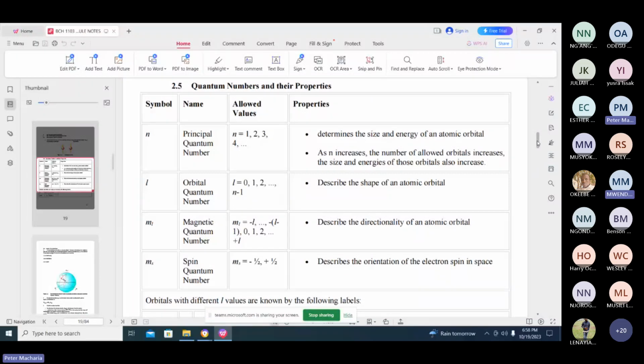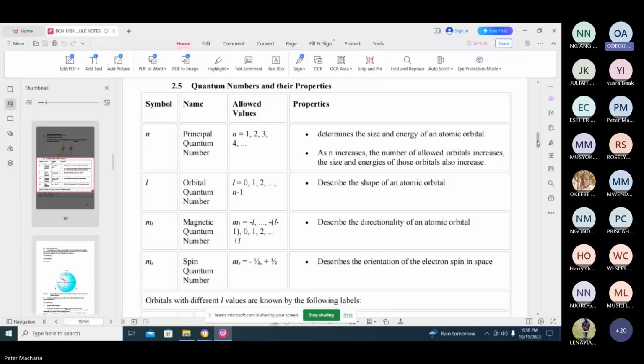If you go to principal quantum shell number 4, the possible sublevels are 0, 1, 2, and 3.